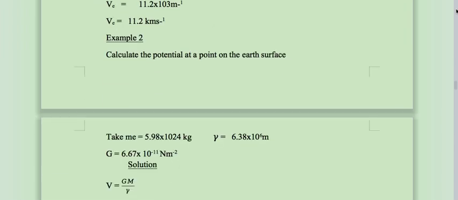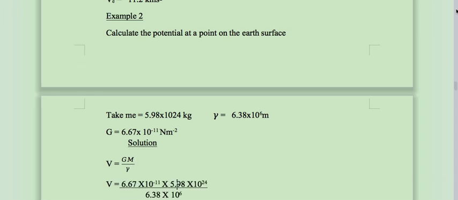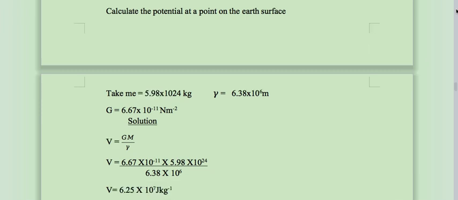Example 2. Calculate the potential at a point on the Earth's surface. Take the mass of the Earth to be 5.98 times 10 raised to the power 24 kilogram, the radius of the Earth, R, to be 6.38 times 10 raised to the power 6 meters. Of course, our universal gravitational constant has the value 6.67 times 10 raised to the power minus 11 Newton meter squared per kilogram squared.